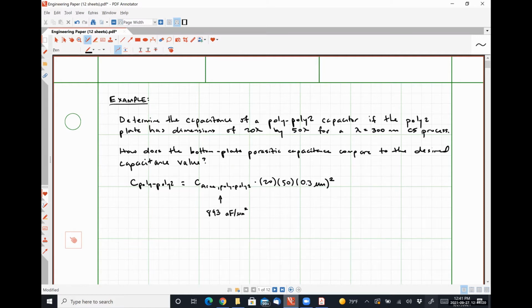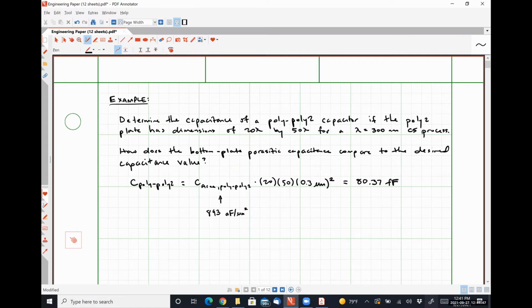So if we plug in this number, 893 attofarads per micron squared, what we wind up getting is a capacitance of 80.37 femtofarads for our intended capacitor.